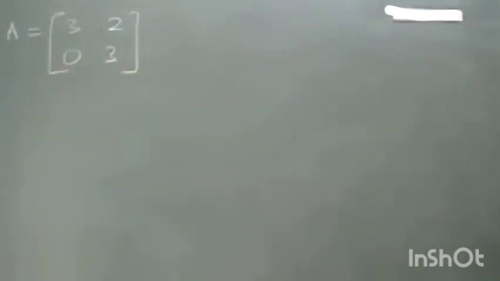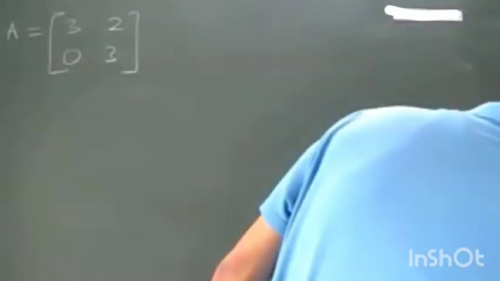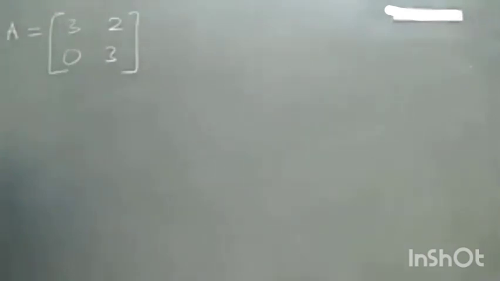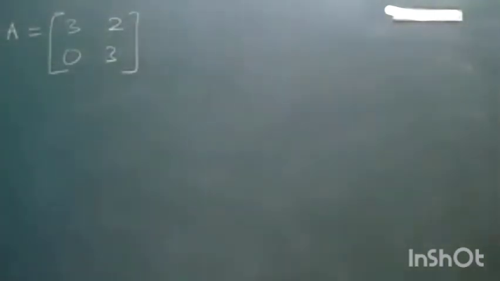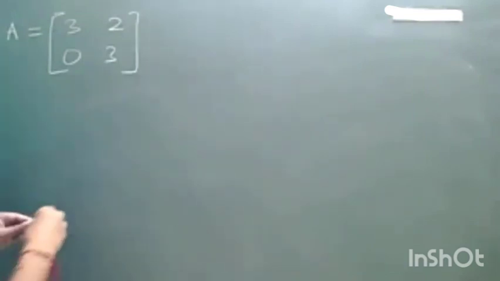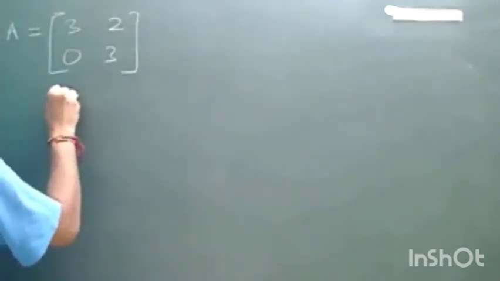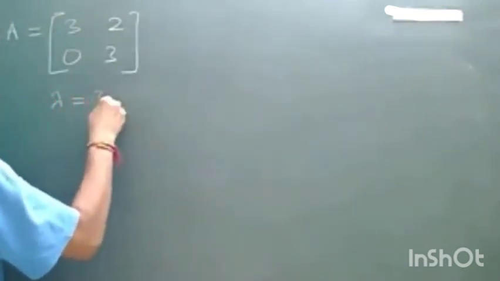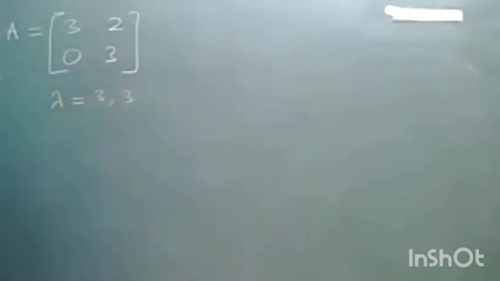Three comma 3. Yes, comma 3, sir. So what is that? Values of lambda. So the value of lambda is equal to 3 comma 3.